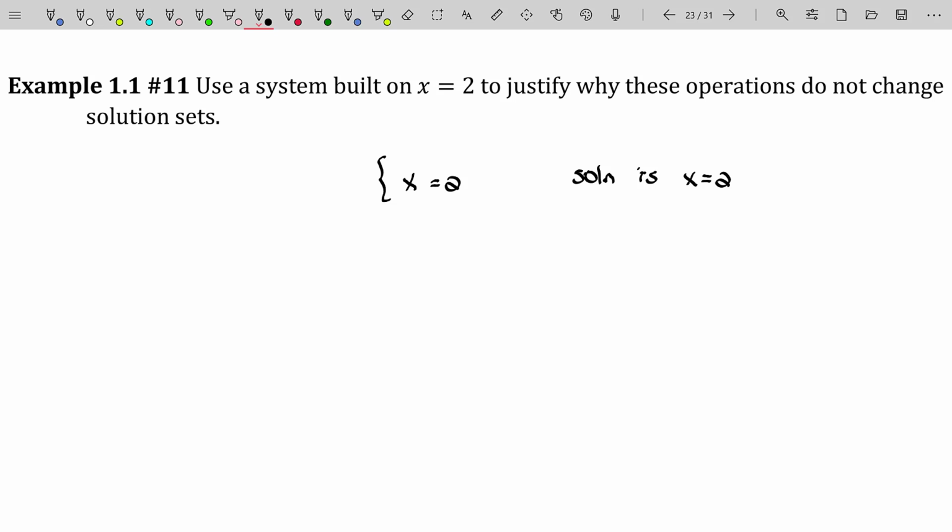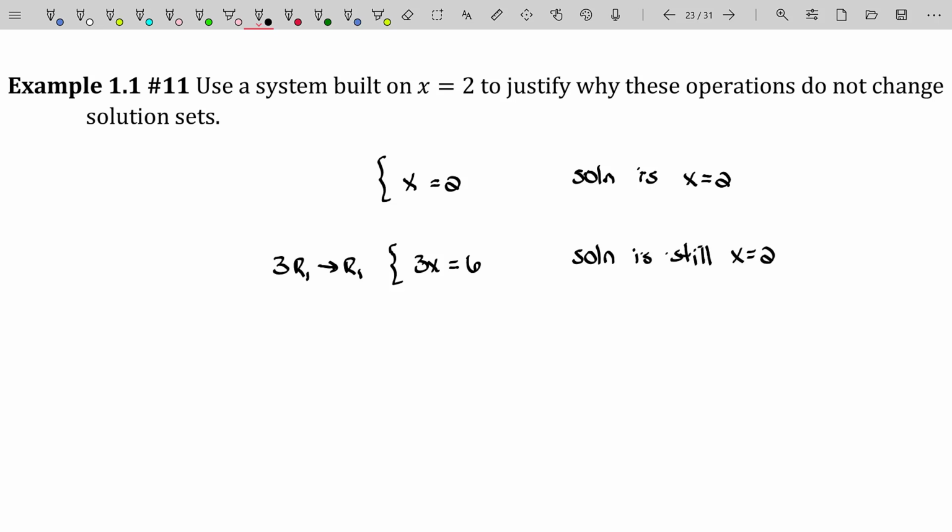Now remember, you can swap rows here, but there's not really rows to swap, so oh well. But let's say that we take 3 times that row 1 and create a new row 1 from it. If we do that, we get 3x equals 6. But if you take a look at that equation, guess what? The solution is still 2.